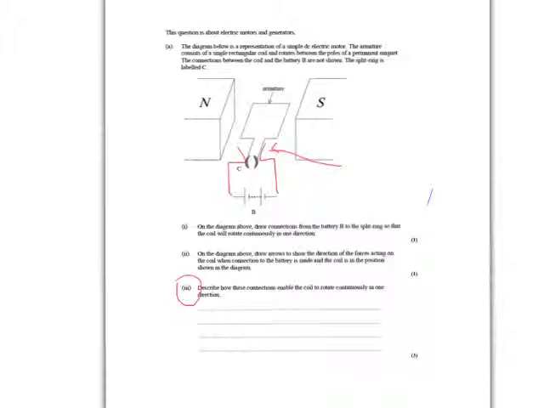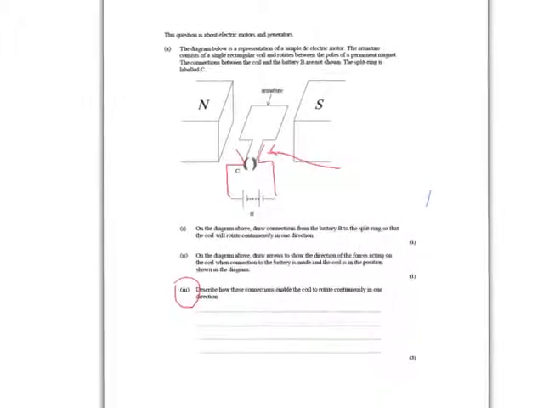So what you could have said was that the connections, as referred to in the question, are such that if the wire was connected to the coil and not disconnected, then the force would always be in the same direction, even when it went round 180 degrees to here.